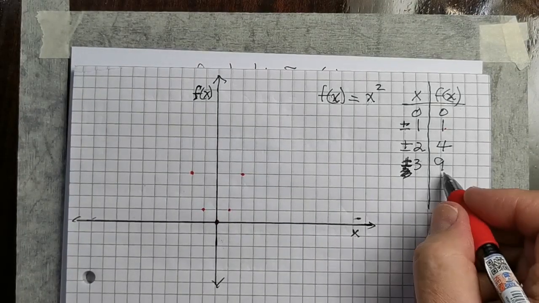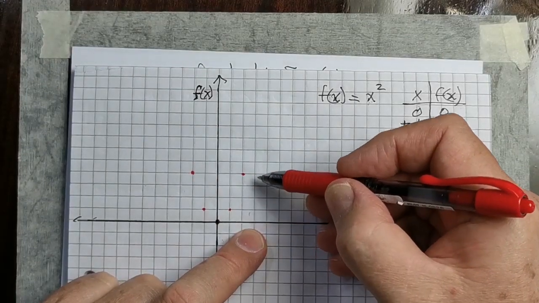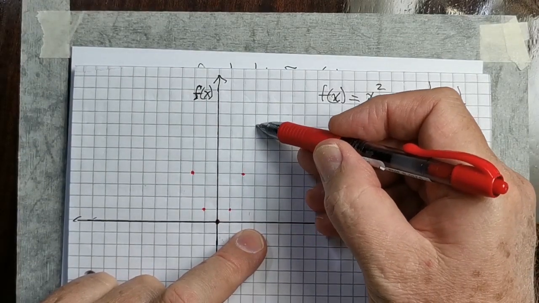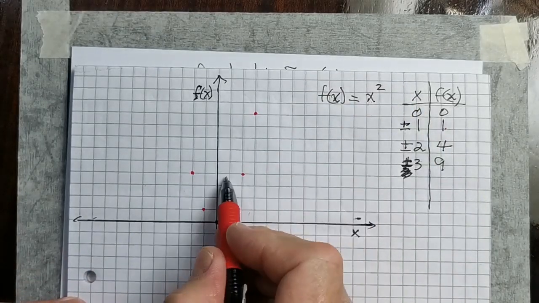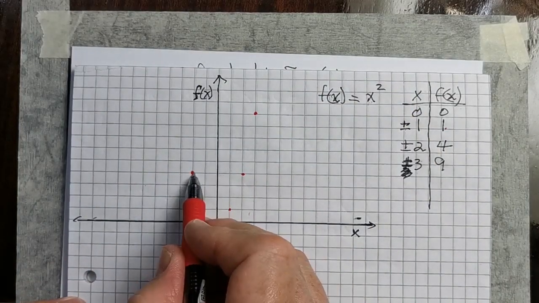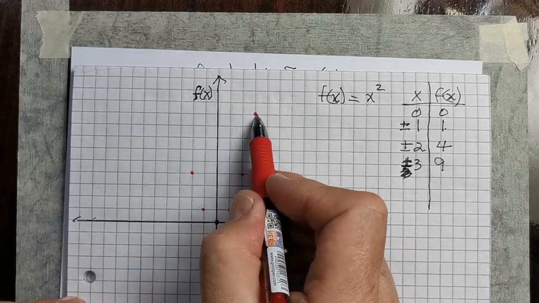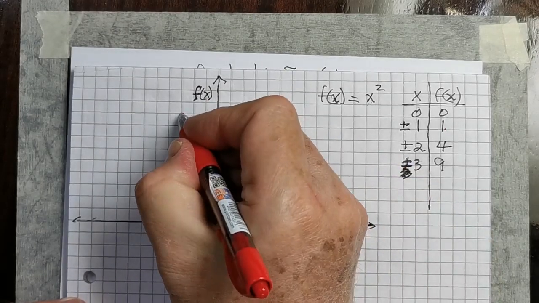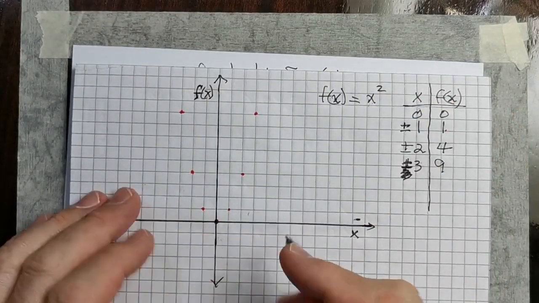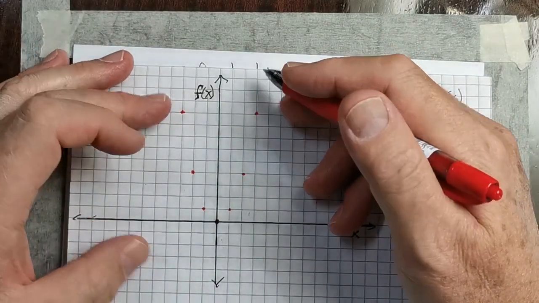And then if I put in plus or minus 3, 3, and then 1, 2, 3, 4, 5, 6, 7, 8, 9, all the way up here. So notice I was 2 units to the right, 2 units to the left, 1 unit to the right, 1 unit to the left. Up here, 3 units to the right and 3 units to the left will bring us right here. So plus 3, minus 3, both give us 9 units up.